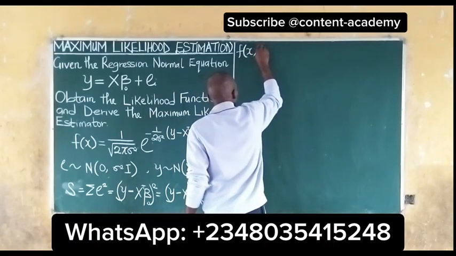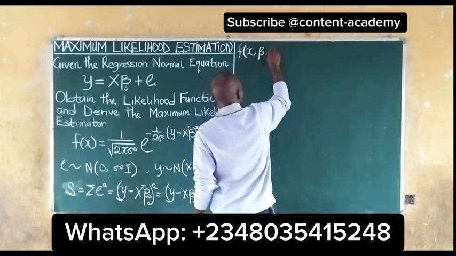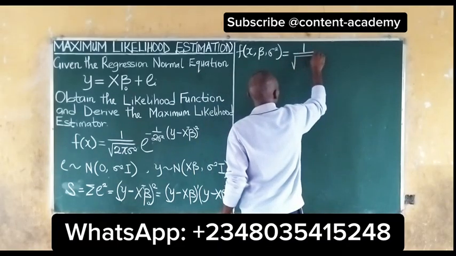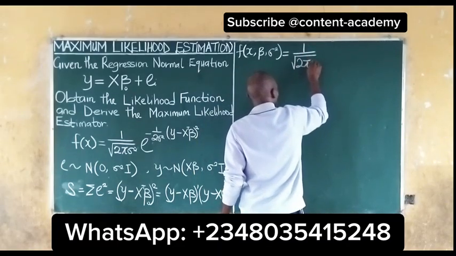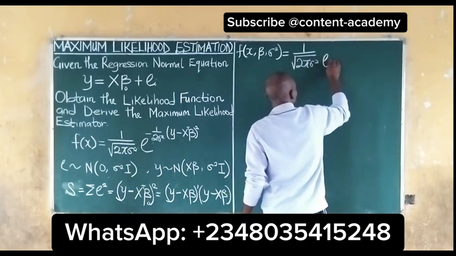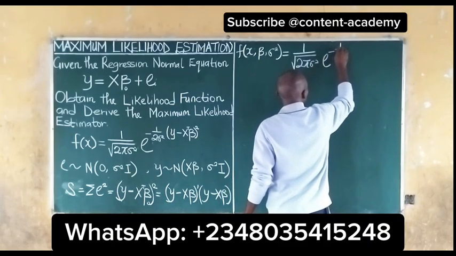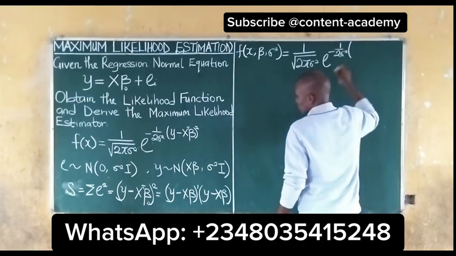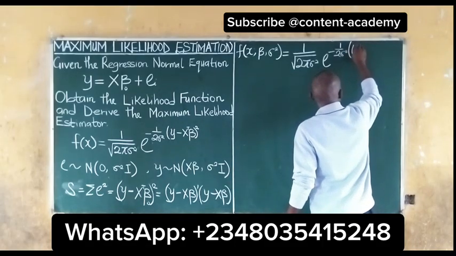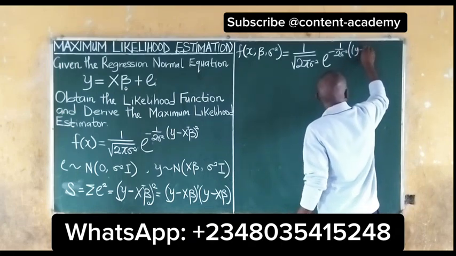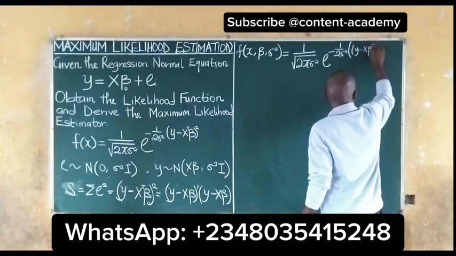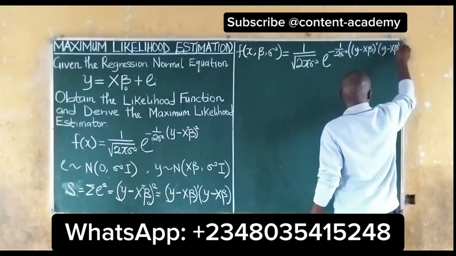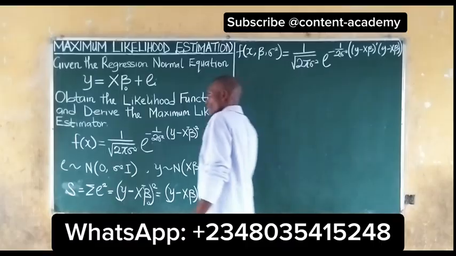Since we are looking for beta and sigma squared, we'll have it to be 1 all over square root of 2 pi sigma squared, exponential negative 1 all over 2 sigma squared into, now we have y minus xb and y minus xb. So this is what we have.